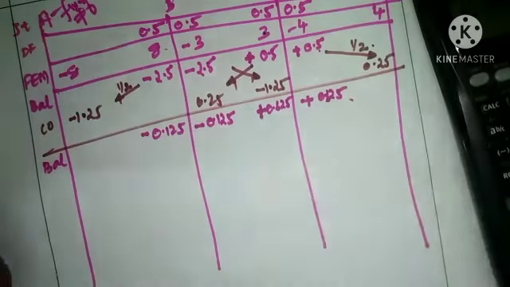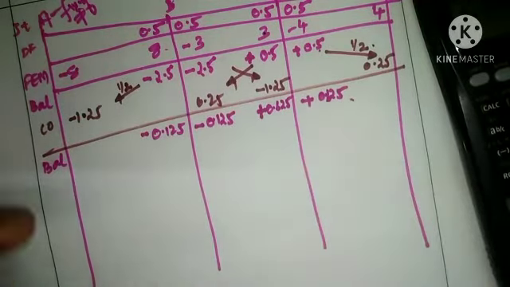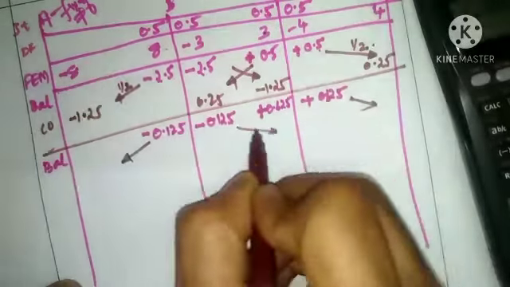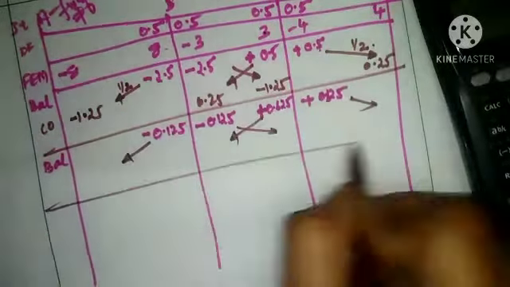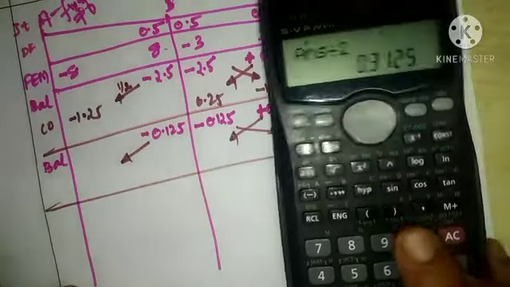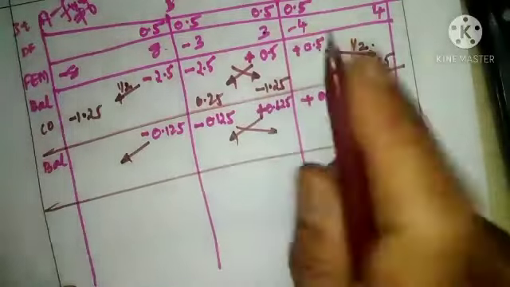Next procedure is carry over now. Half the value will be carried over here, and likewise half values on either side.